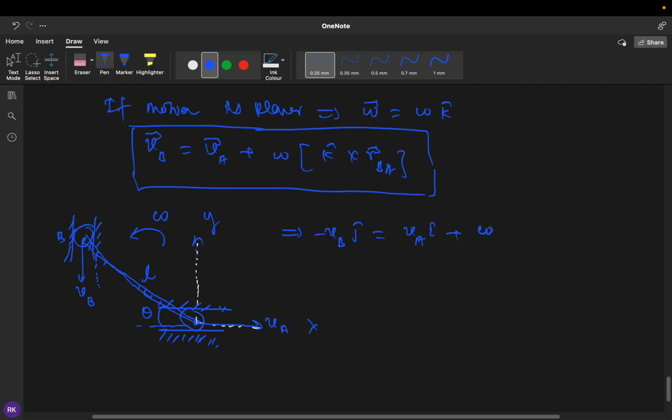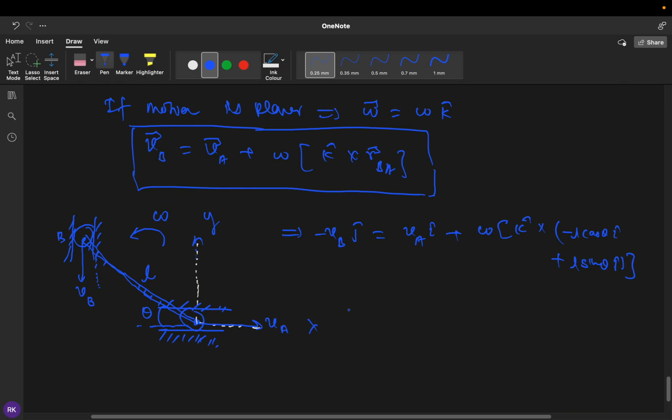So omega k cross. Now you have to write the position vector of B with respect to A. What will be the position vector? That is in the x direction L cos theta, and in the minus j direction, so you will write minus L cos theta i cap plus L sin theta j cap.